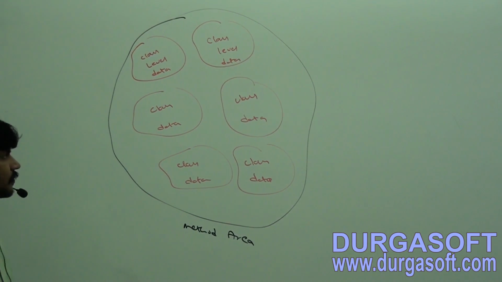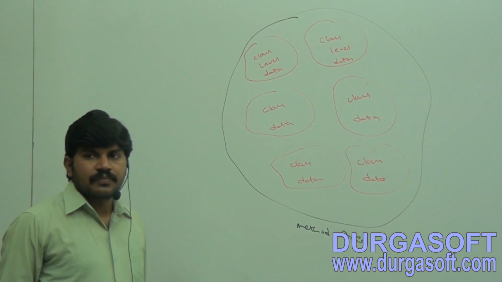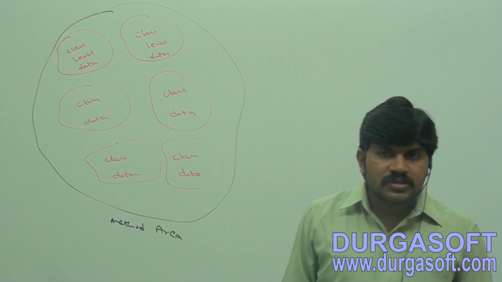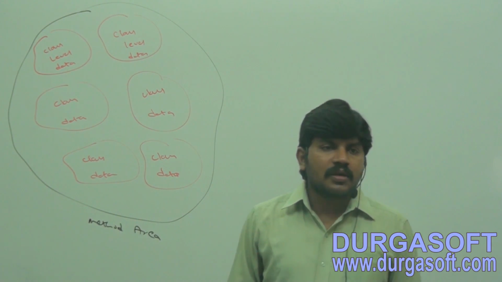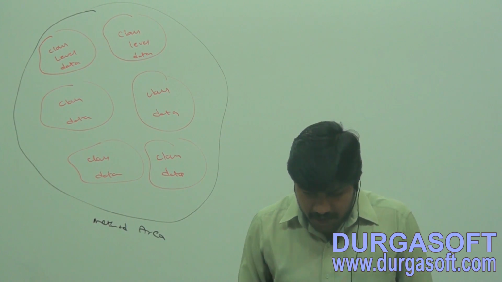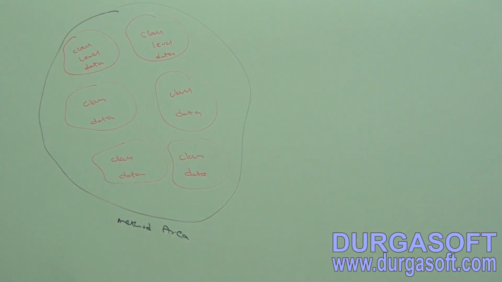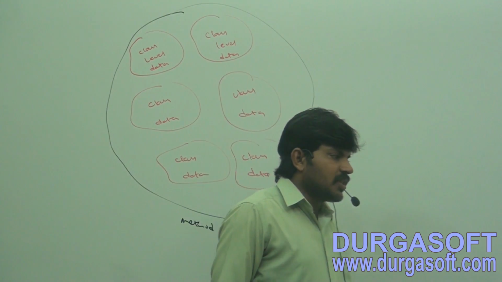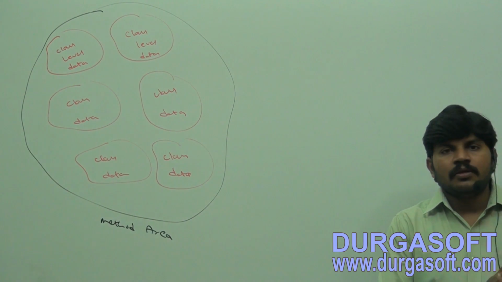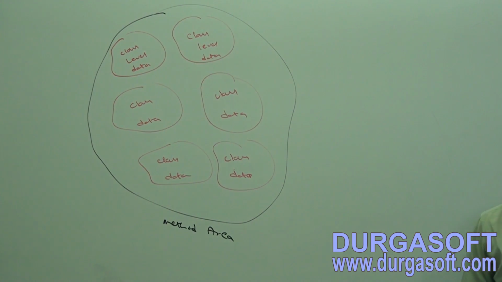Okay, third point. Inside method area, class level binary data including static variables will be stored.